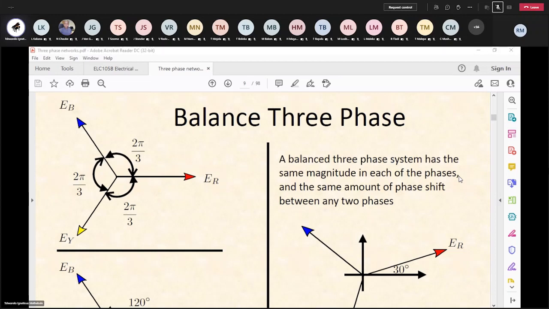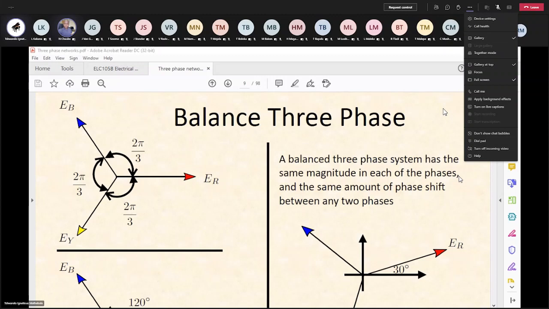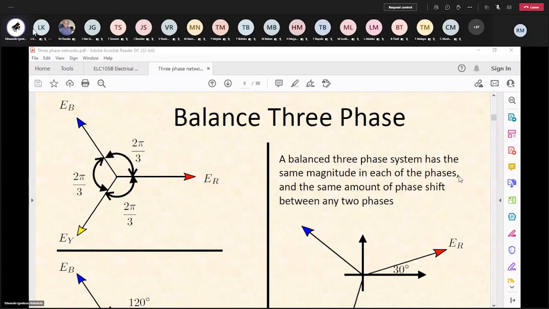You can find that to be ER, EY, EB. So these 3 sources are connected together to a common point. We can call that a neutral point, the point of common connection. So we would say that these sources are connected in Y or star. You connect all these 3 voltages together.